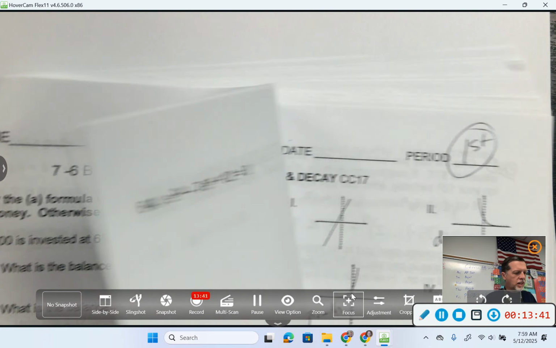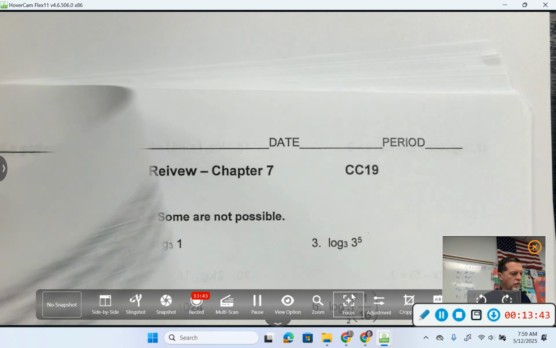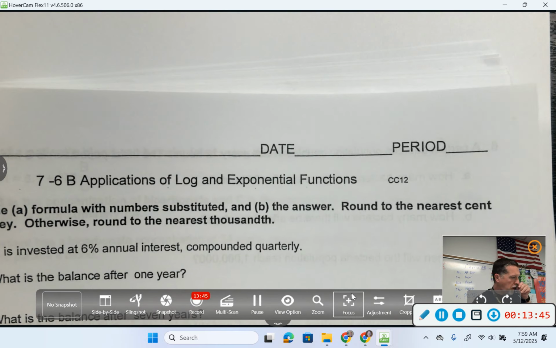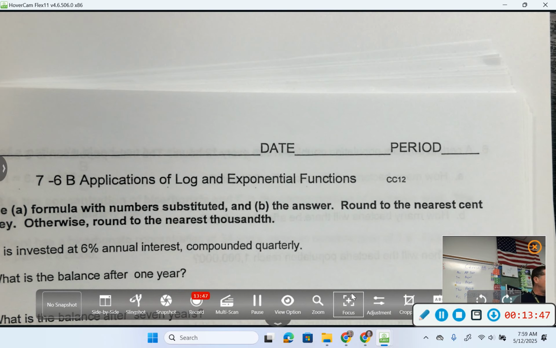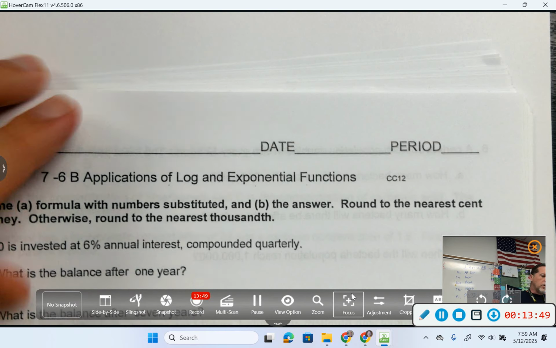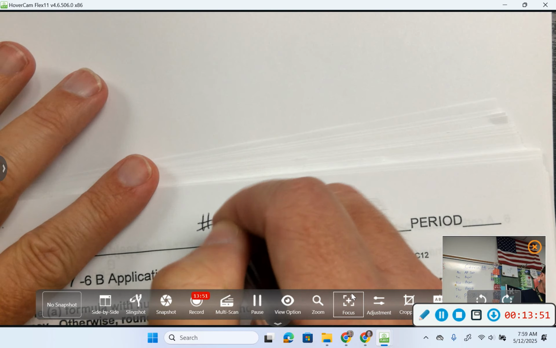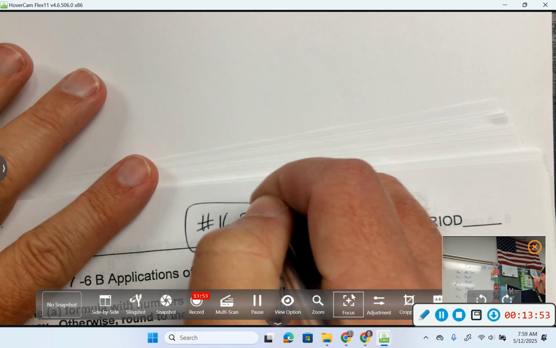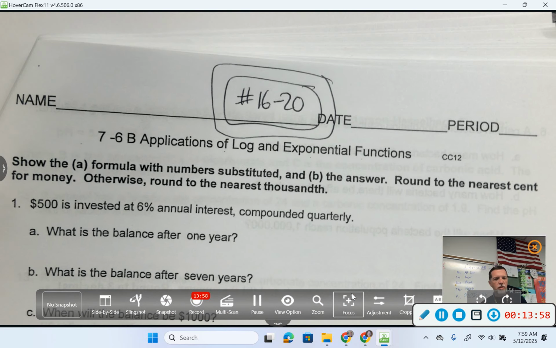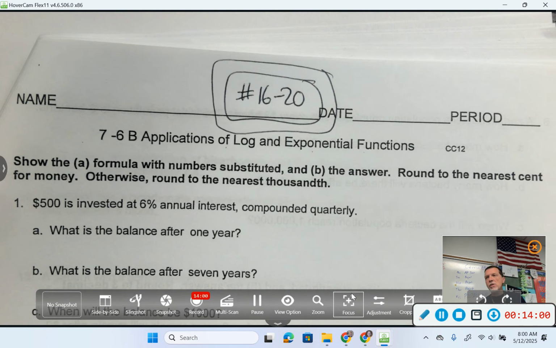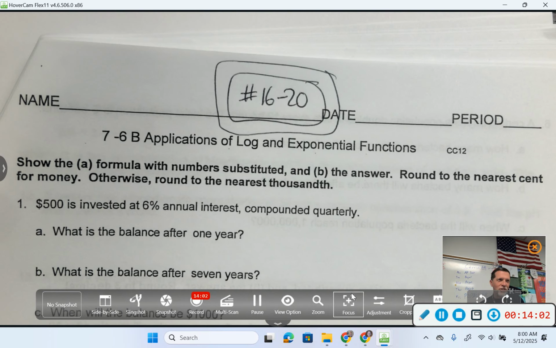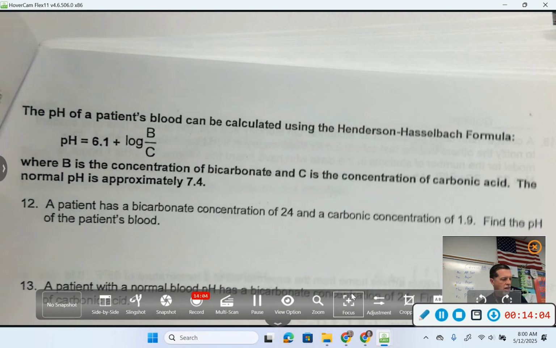Okay, on to this next worksheet, which is another one that's got a lot of word problems. We don't want to do a lot of word problems. We only want to do numbers 16 through 20. You may not even want to do that many, but I want you to do 16 through 20.